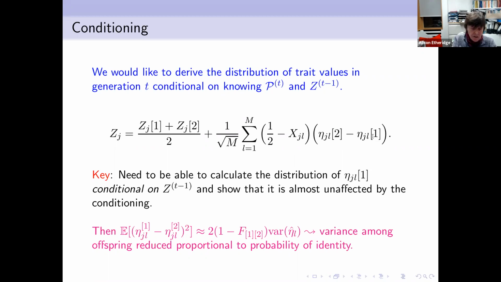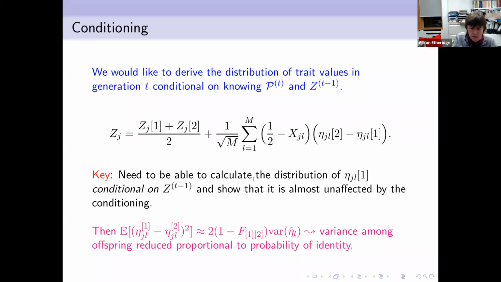And the expectation of this guy squared, we just said, was going to be twice this variance if I had independent picks from the ancestral population and 0 otherwise. And whether or not I had independent picks in the ancestral population was determined by this probability of identity. And so putting all that together, I'm going to see that the variance of this sum is a quarter from my Mendelian term times 2, gives me a half, times the variance in the ancestral population. Well, that's twice V0, twice the within family variance, times 1 minus the probability of identity.